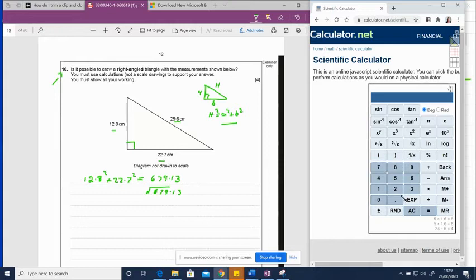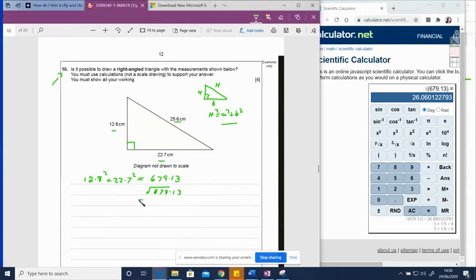So the square root button of 679.13 is equal to 26.06 and lots of other digits, which is not 25.6. So this triangle is not right-angled.